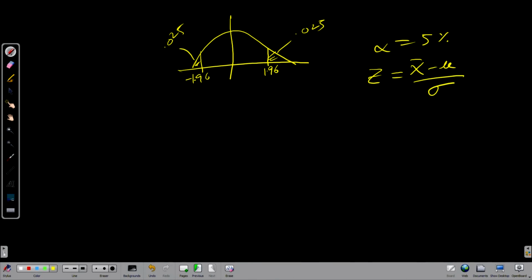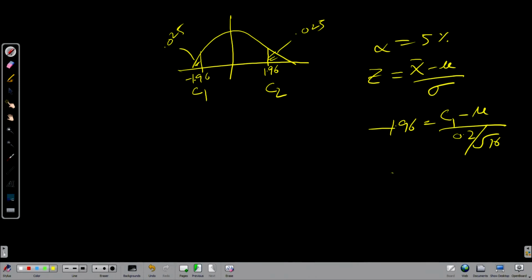Now let me call the counterparts in terms of the random variable C1 and C2. Then what is the z value? Minus 1.96 is equal to C1 minus mu, which is 8, divided by sigma, and sigma in this example is 0.2 divided by root 16. We have taken a sample of size 16 and standard deviation is 0.2.